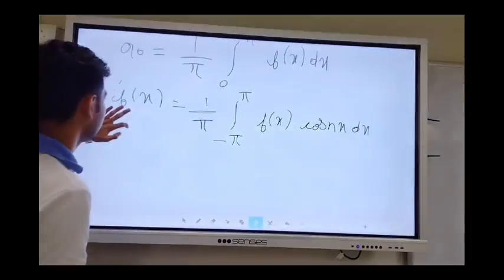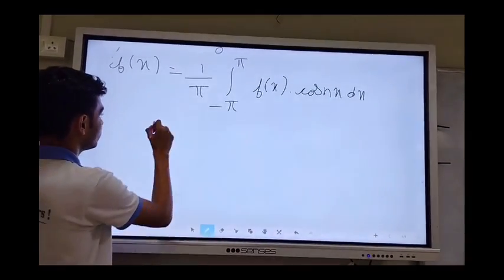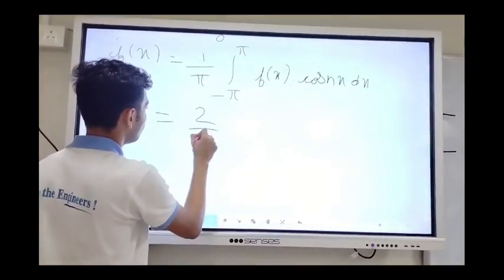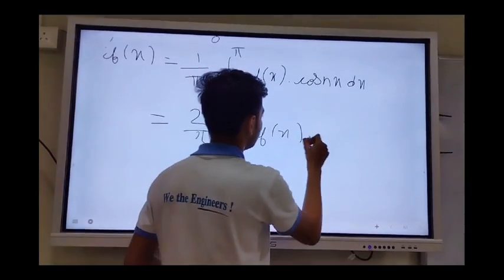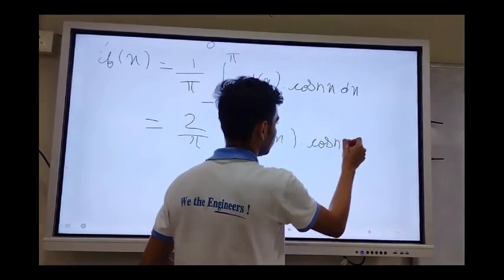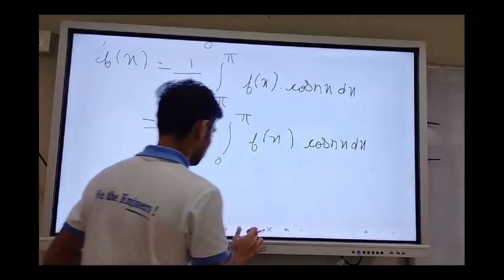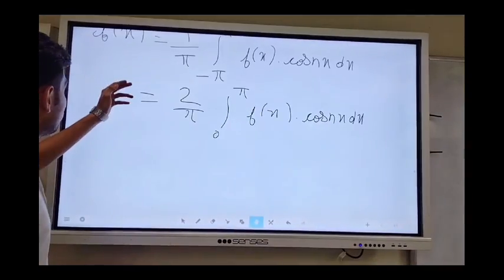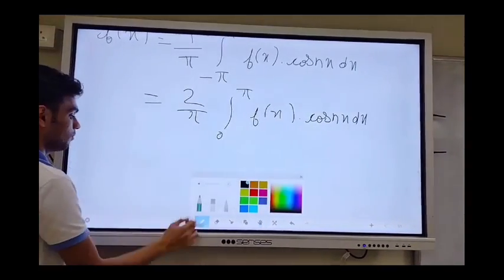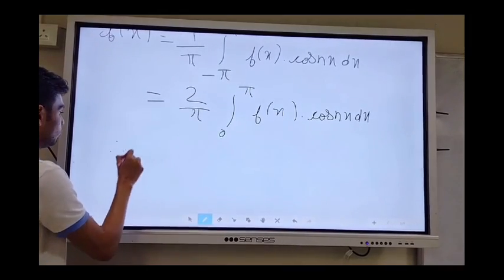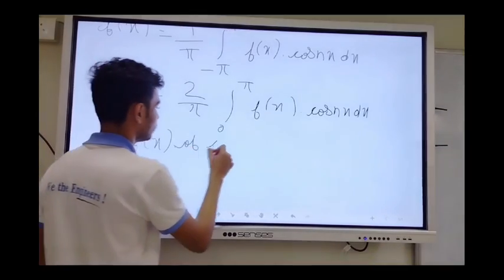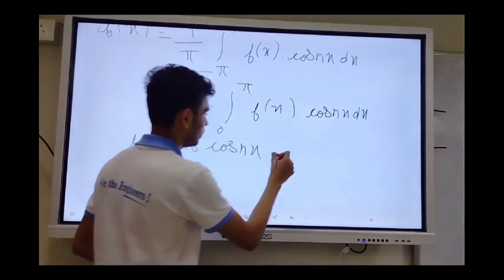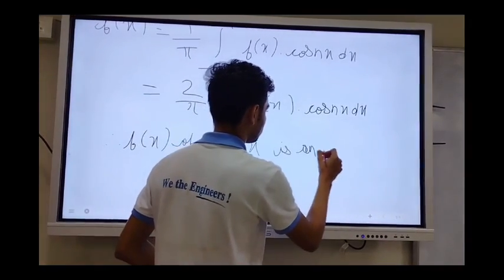After substituting its intervals, it can be written as 2 upon pi integration 0 to pi f of x into cos nx dx. So it can be seen that this is an even function, and therefore f of x cos nx is an even function.